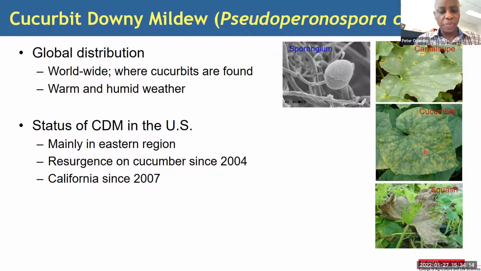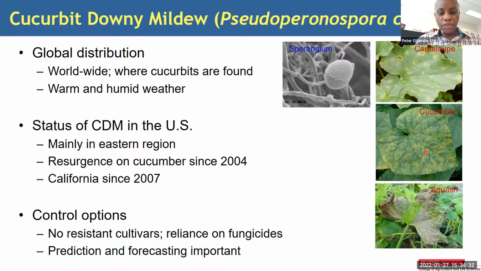Since 2004, the disease has been a major problem in California. Growers pretty much expect to see the disease every year, and because of that, they are very diligent in terms of disease control.